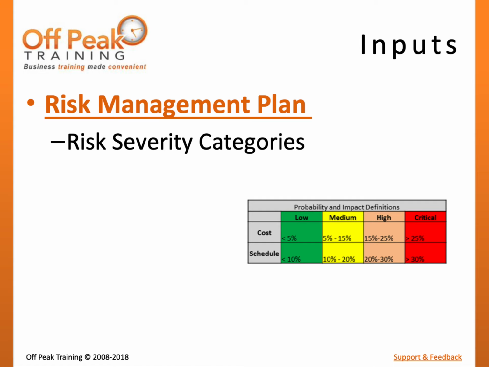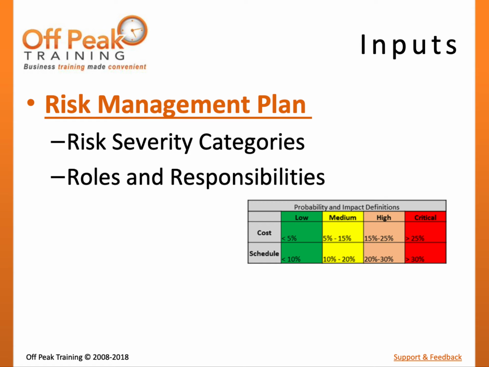The risk management plan should also indicate the roles and responsibilities for performing this process. This can include members of the project team or organizational risk experts that are matrixed in, as well as external stakeholders. The risk management plan will also provide important definitions regarding project risk.